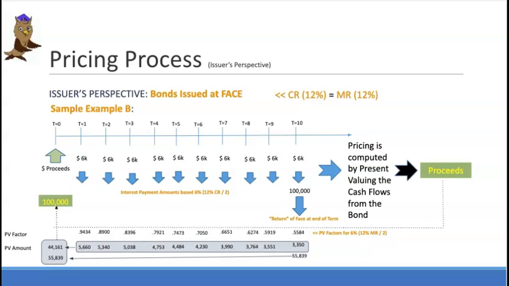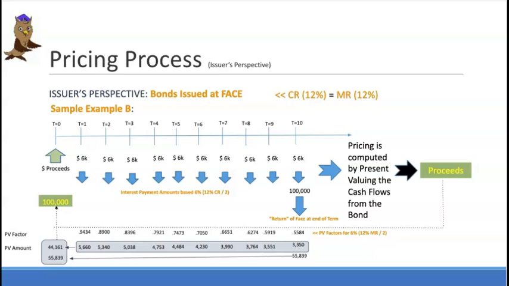Once we find the correct table, we now need to find the specific PV factor for our 6% periodic market rate, also called discount rate. Discount rates are found in the columns.